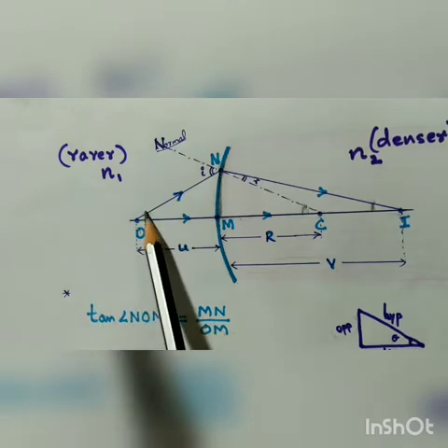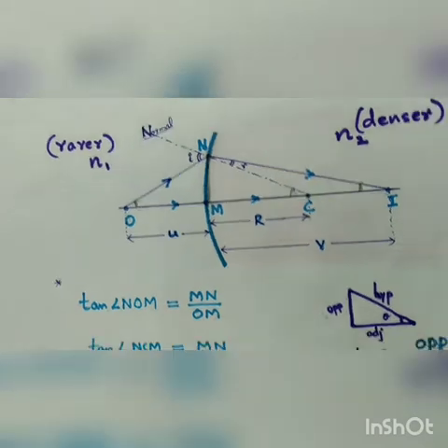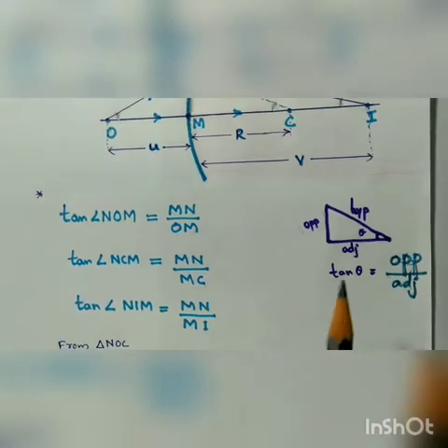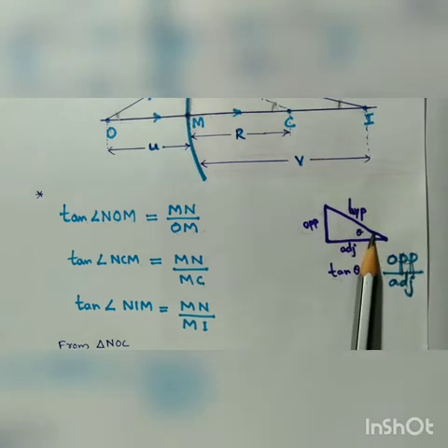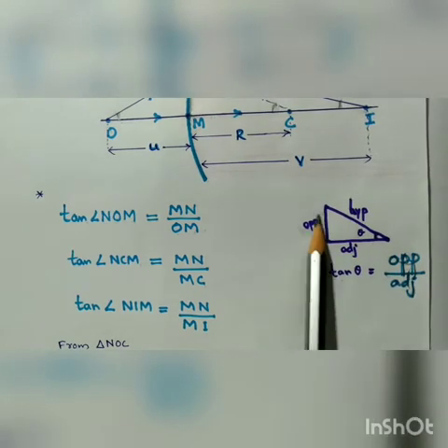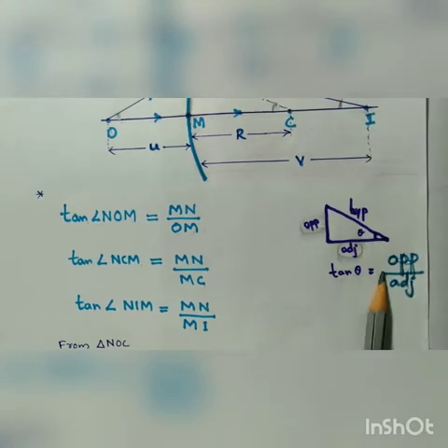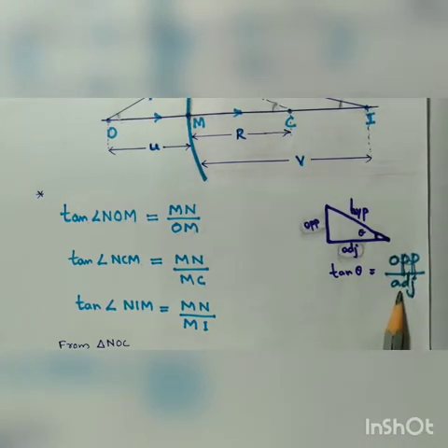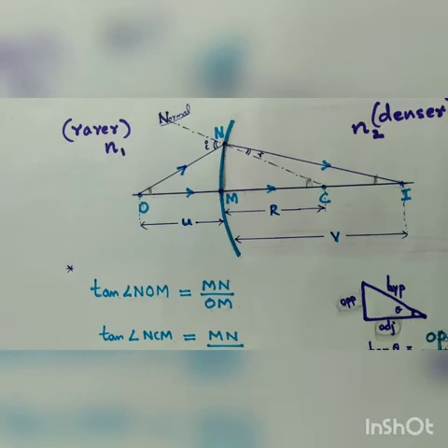What about the tan of this angle? You have studied in trigonometry that if you have a right angle triangle, and this angle is theta, this is the opposite side, this is the adjacent side, then tan theta is equal to the opposite side by the adjacent side. This we are going to apply in this triangle.